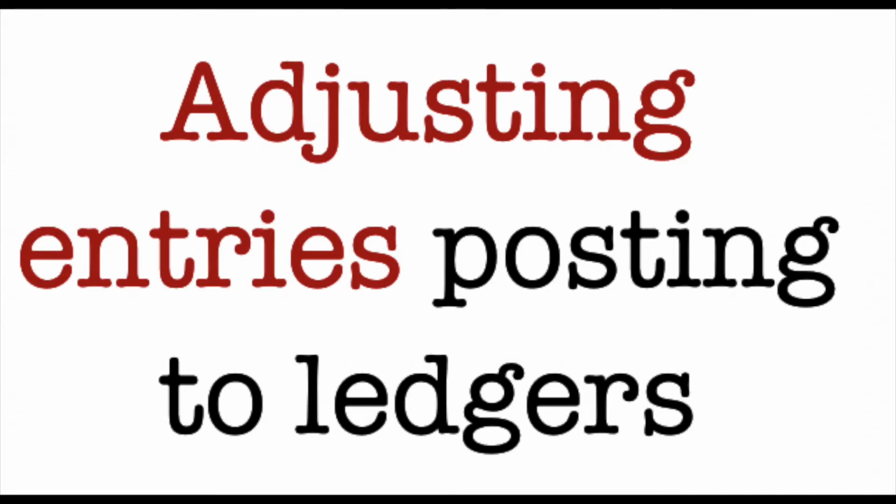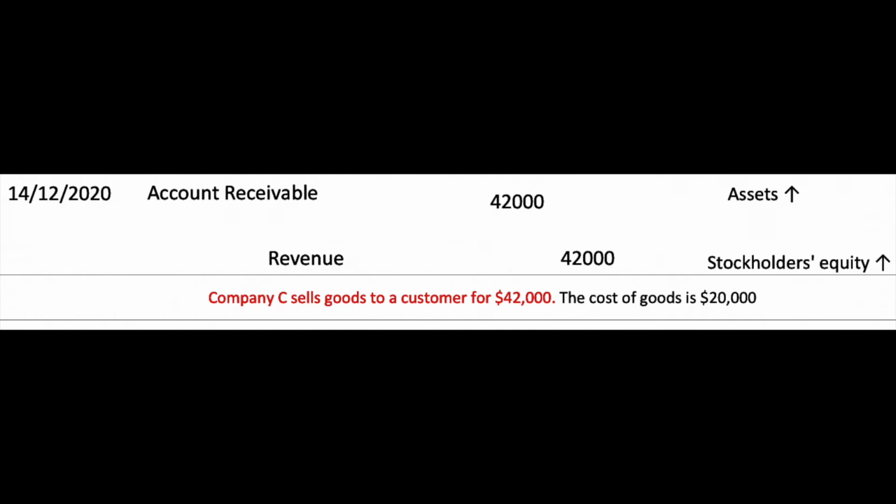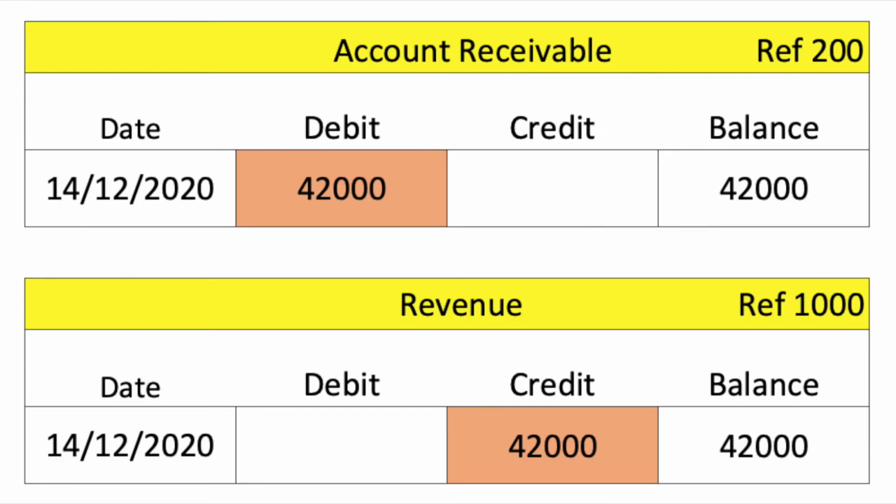Adjusting entries posting to ledgers. The first adjusting transaction affects 2 ledger accounts, account receivable and sales revenue. Company posted $42,000 in account number 1000.